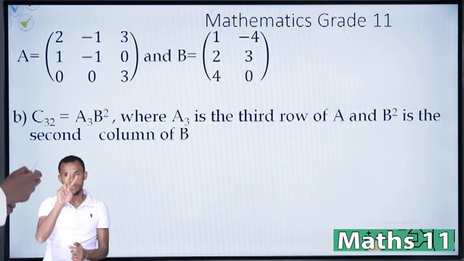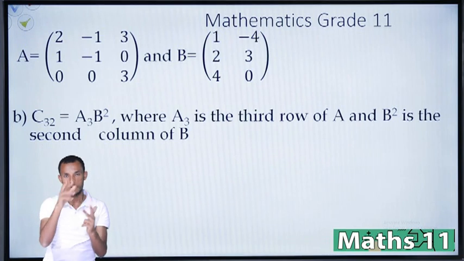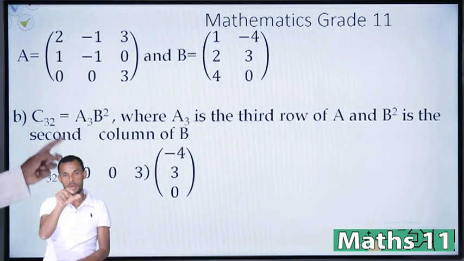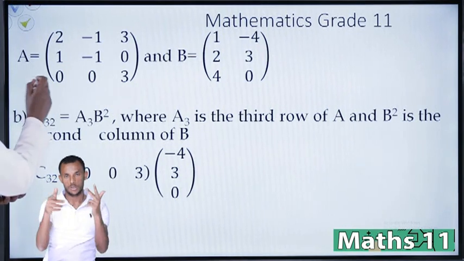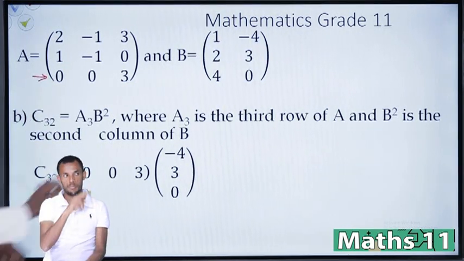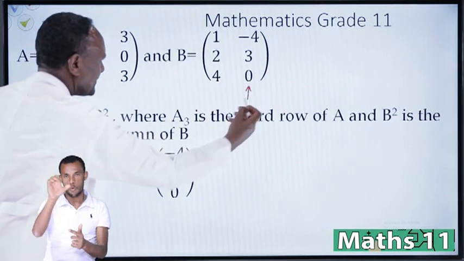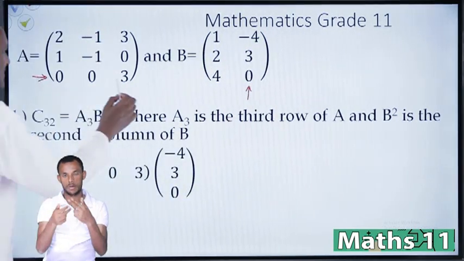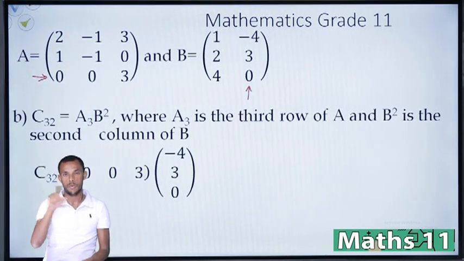What is A3? A3 represents the third row of the given matrix. A3 means the third row, this one. B2 is the second column of that given matrix. So I have to multiply the third row by the second column to get this one.